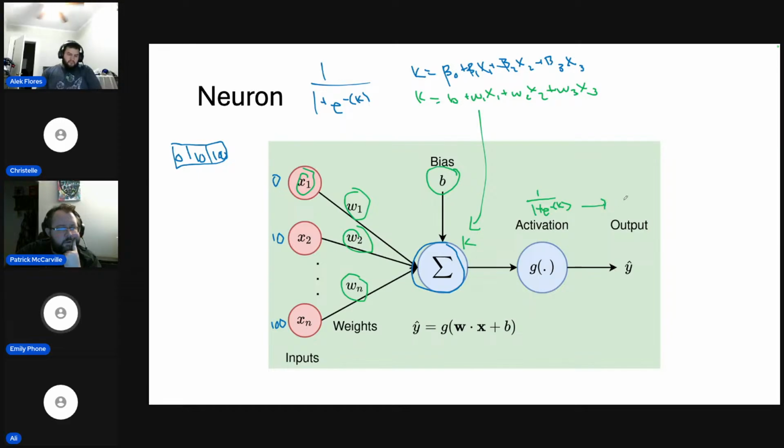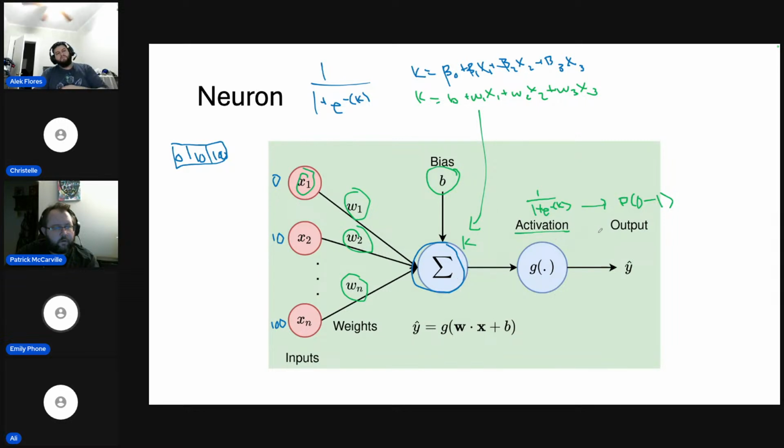So the output is a probability that ranges between 0 and 1, because that's what we get from that activation function. So essentially the combination of the activation function and the summation function is logistic regression, if we use the sigmoid as our activation function.